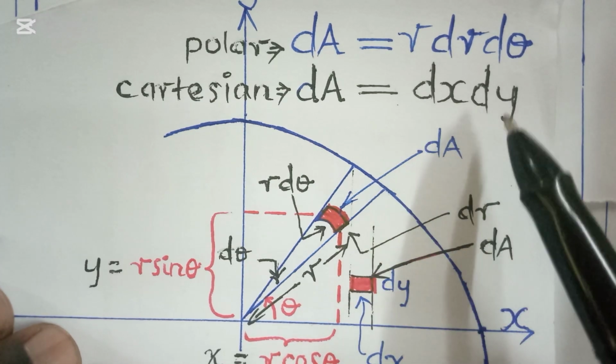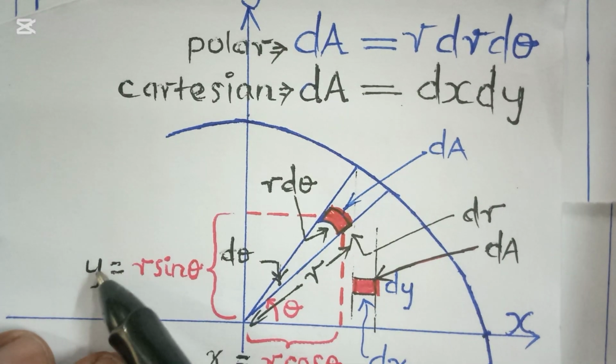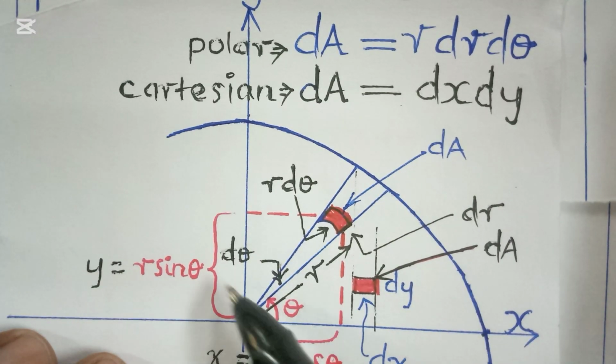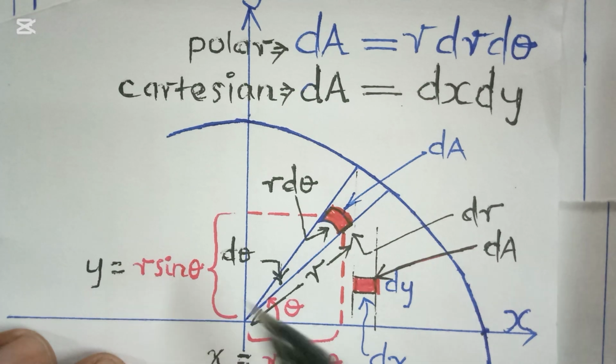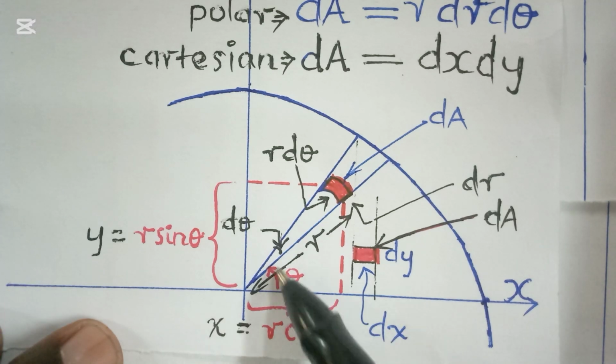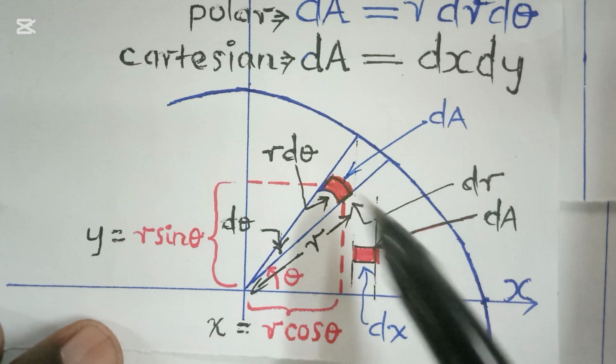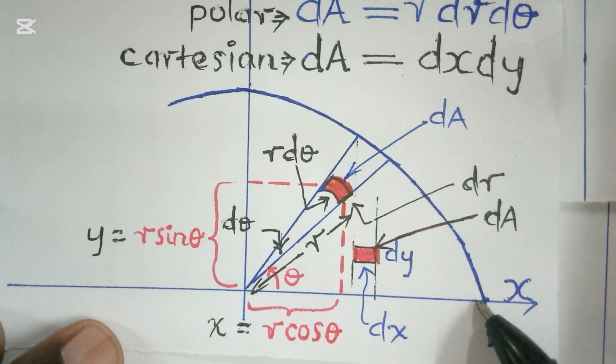Then we can say that our y, according to the polar coordinates, is r sine theta, and our x is equal to r cos theta. And here we have the degrees that our element is from this point.